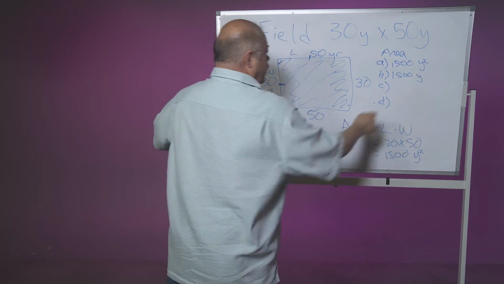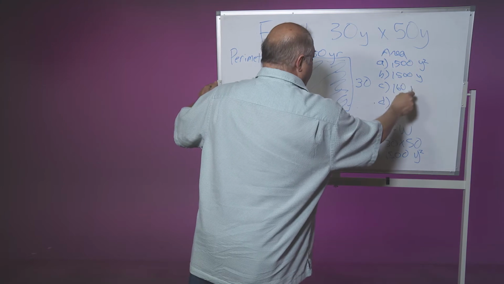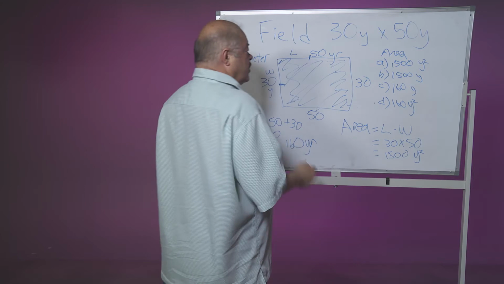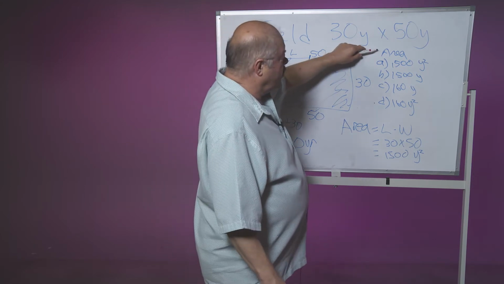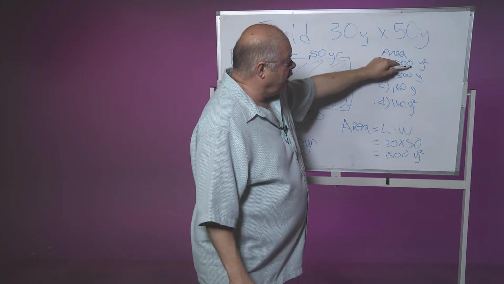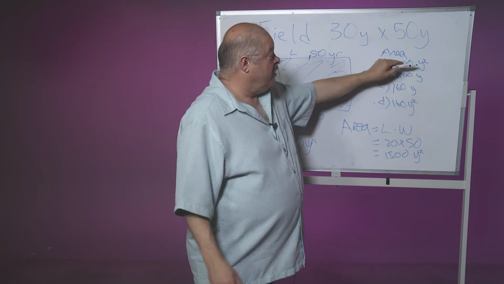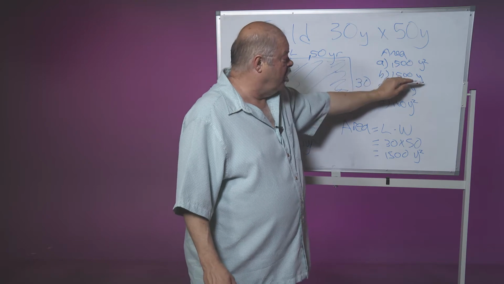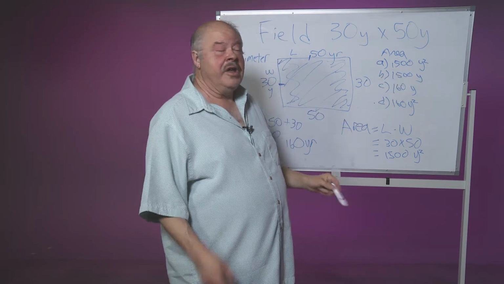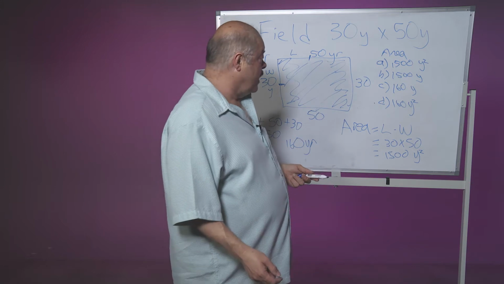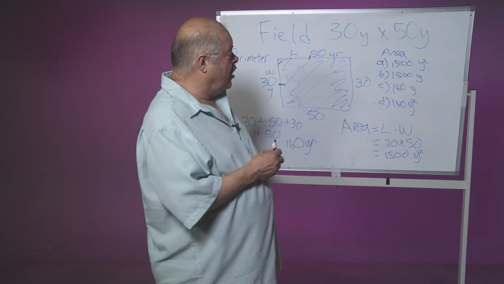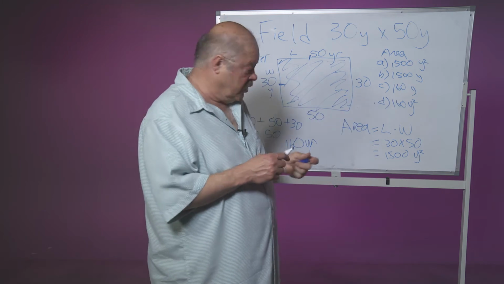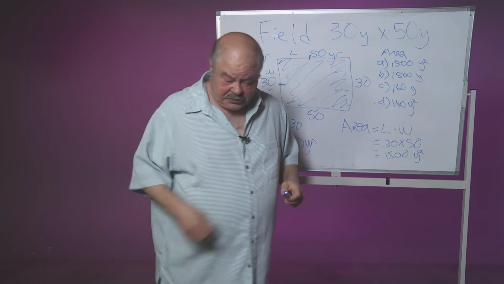Or it might give the perimeter 160 yards, and I might even say 160 square yards. The area would be, the number has to be correct, but also the units, yards squared. So they might put 1,500 yards, but because it's not yards squared, it would be an incorrect answer. And the same thing if they gave a question for perimeter, they could put the wrong unit. So that's just another thing to watch for.